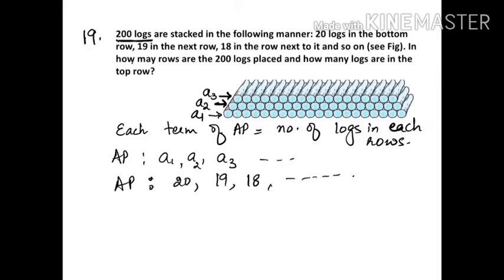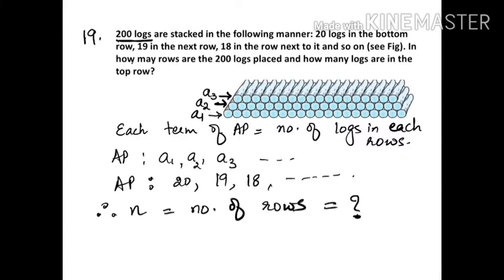Notice that the number of terms in this AP is the same as the number of rows in this stack. So let there be n terms in this AP, or n rows. But we don't know how many rows there are, so we need to find the value of n.